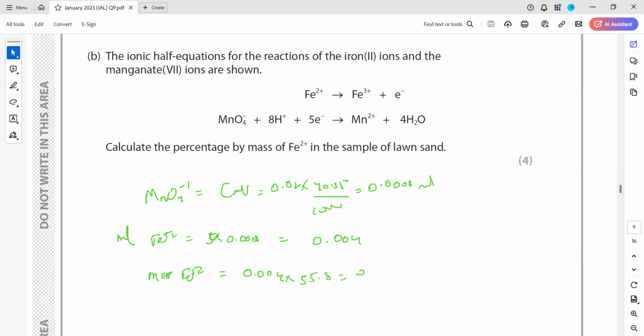So you can multiply, you get the mass in grams, 0.225 grams. Now the percentage of iron 2: mass of iron 2, 0.225, divided by mass of the compound, 4.5, times 100. So this will be about 5%. So about 5% of this sample contains iron 2.